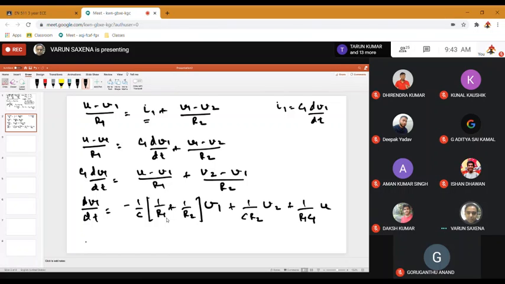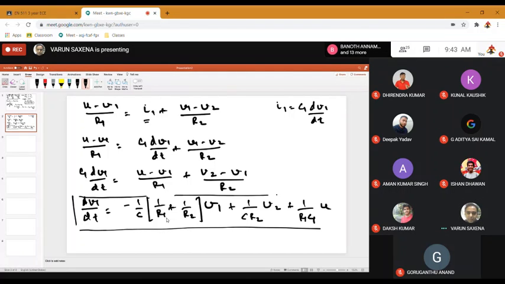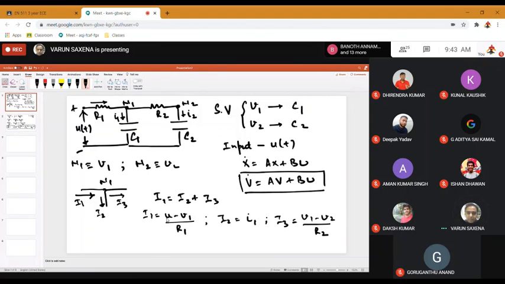So one is done. Now similarly, if you look at this equation, the second node is this node here. So it's simple.